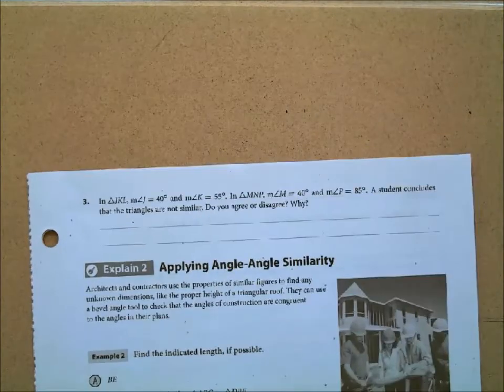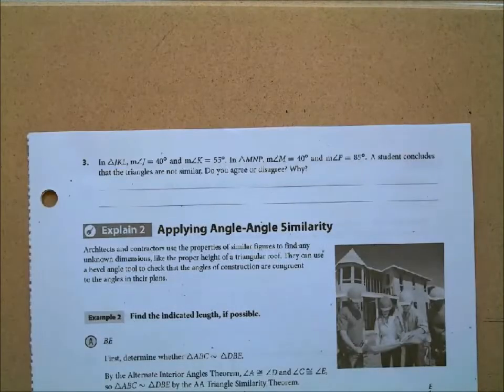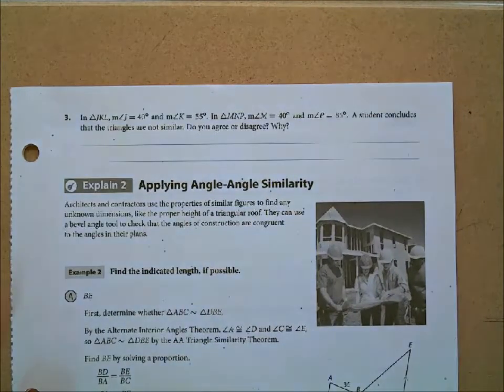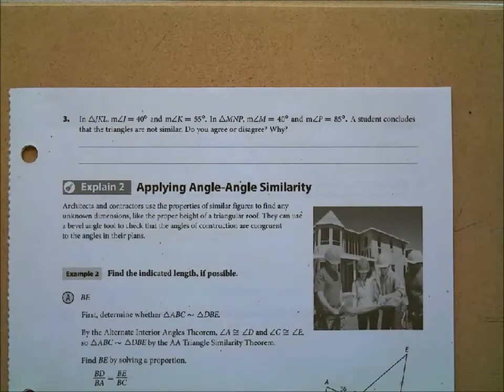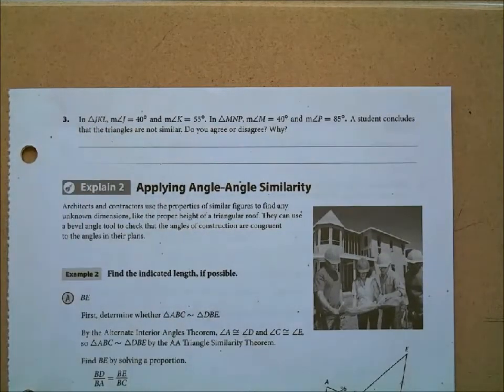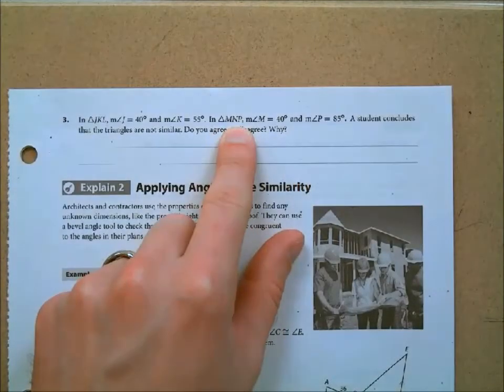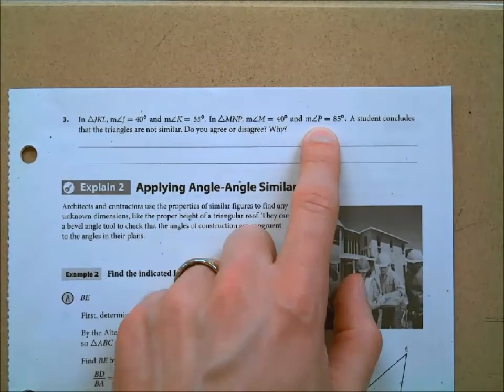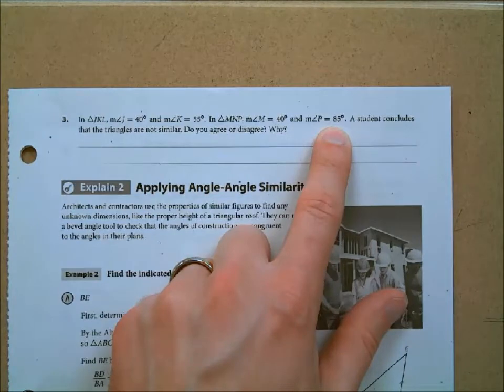So let's take a look here at number 3 before we move on. Number 3 says in triangle JKL, the measure of angle J is 40 degrees, and the measure of angle K is 55 degrees. In another triangle MNP, the measure of angle M is 40 degrees, and the measure of angle P is 85 degrees. A student concludes that the triangles are not similar.